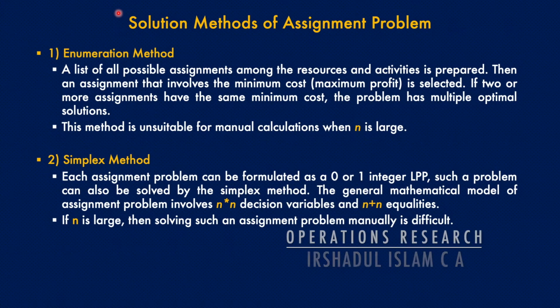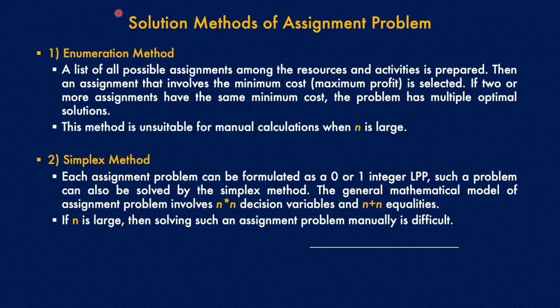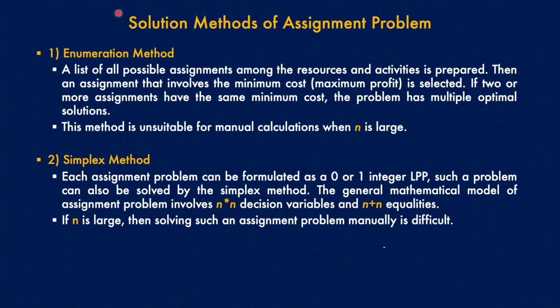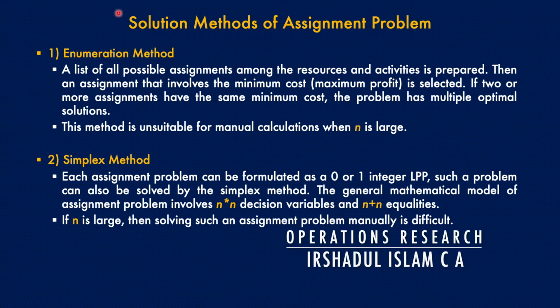Solution method of assignment problem. We can solve the assignment problem by any one of the following methods. One is the enumeration method. In this, a list of all possible assignments among the resources and activities is manually prepared.